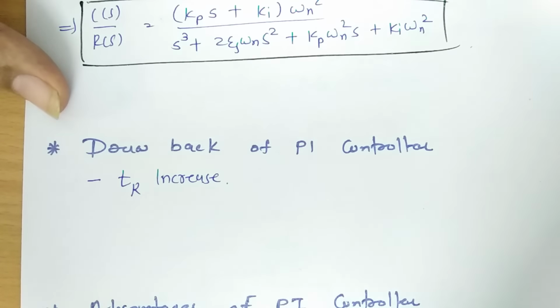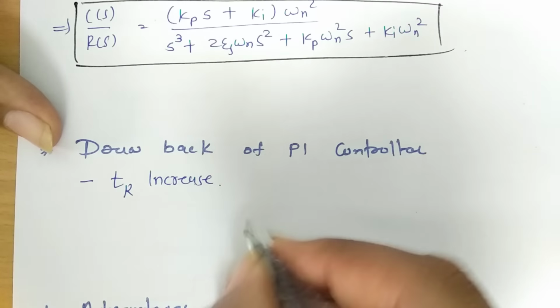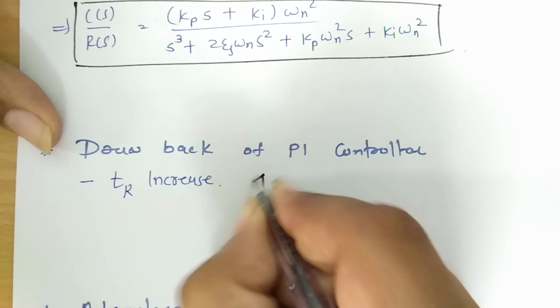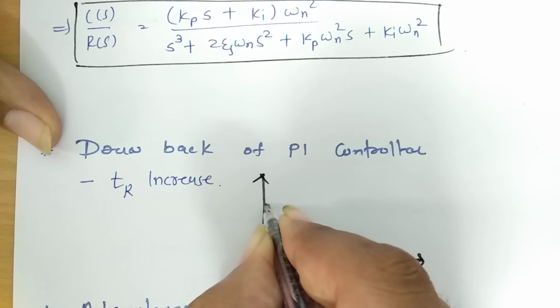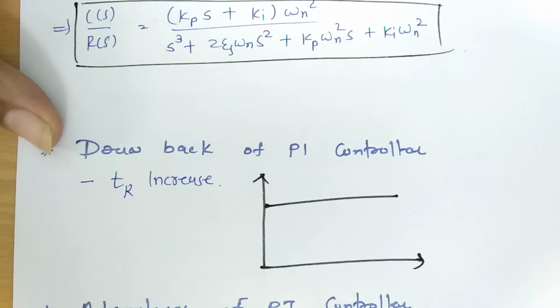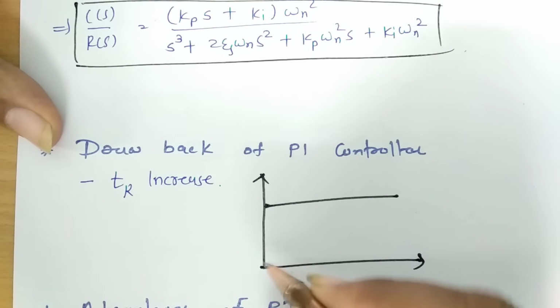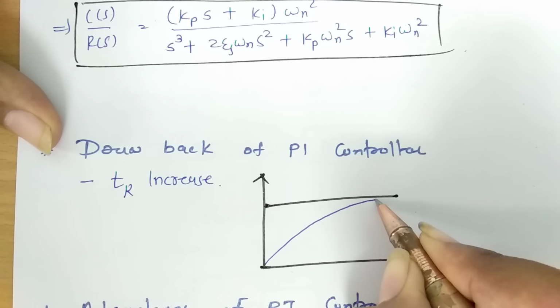The reason is the proportional controller is reducing the rate of change of output. So what happens is, when we have the output to be this, but because of the controller, output is increasing like this.